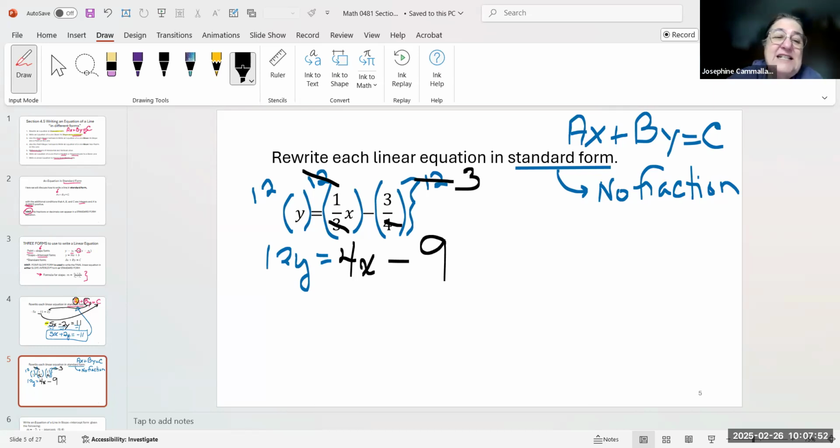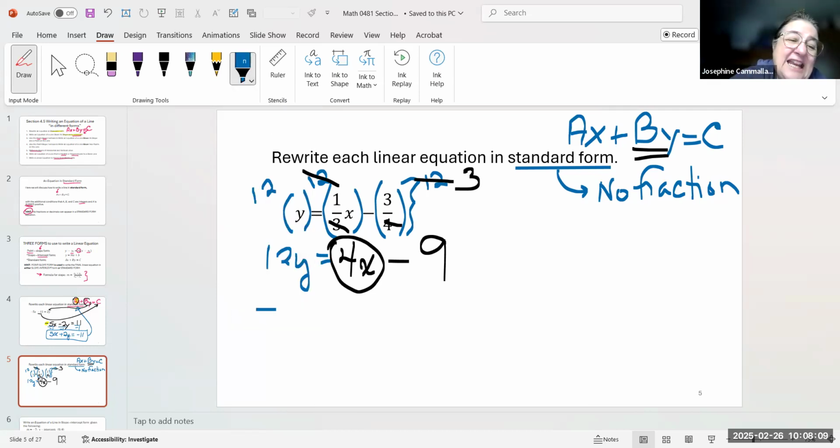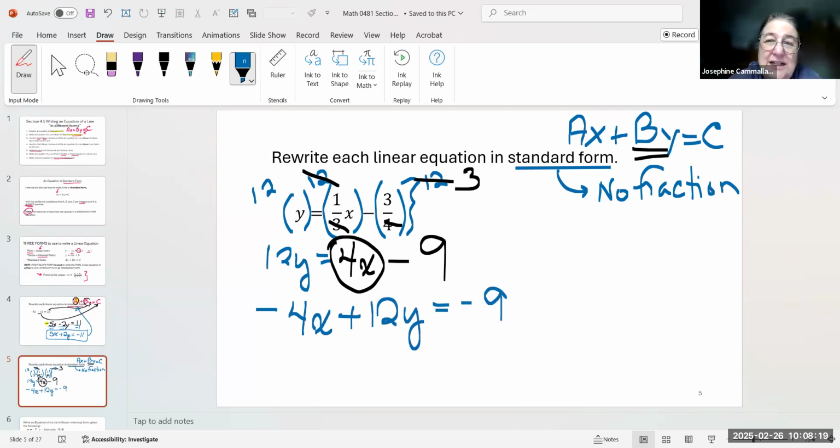Okay. Now, this 4x is on the wrong side. It also has to be in front of my by term, which means I'm now going to have a negative 4x plus 12y equals negative 9.